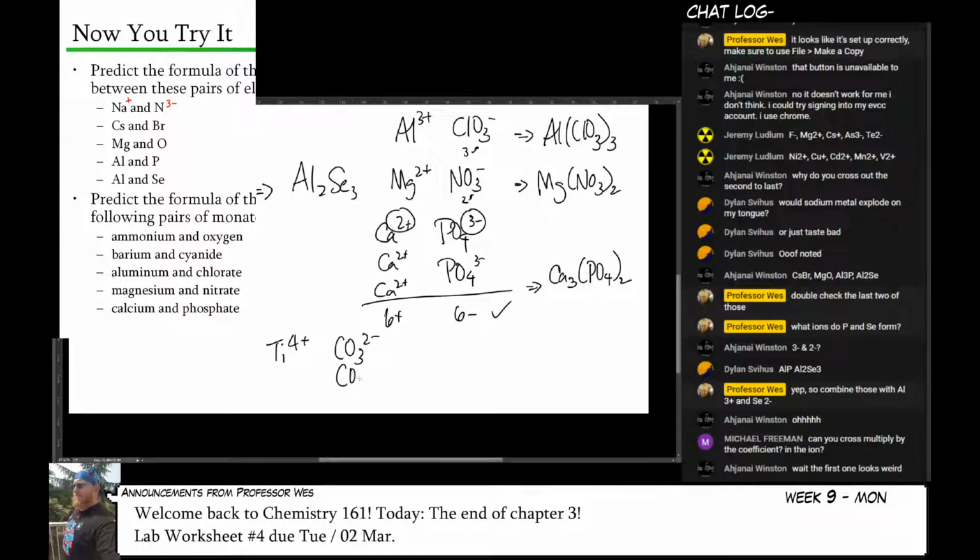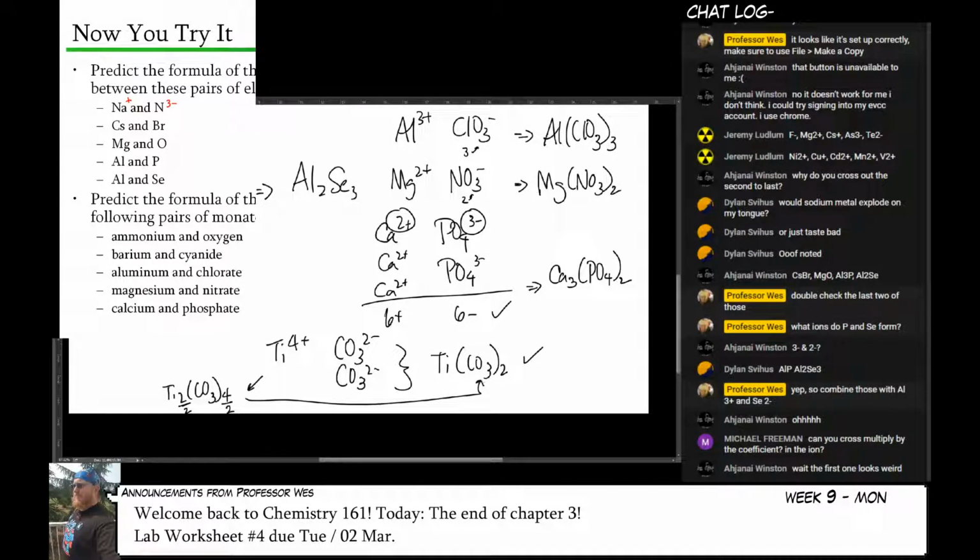So you might think, oh, I just need 2 of these to do it, and then you'd get this. And that's correct. But if you cross-multiplied these, you would end up with this as your formula instead. And both of those numbers can be divided out by 2. And when you do that, you get the correct answer.